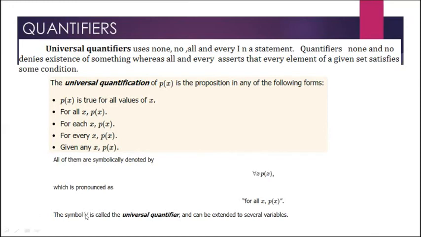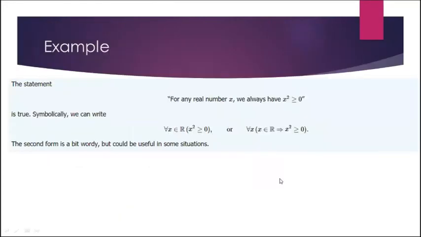The symbol inverted A is called the universal quantifier and can be extended to several variables. So we have your statement: for any real number x, we always have x squared is greater than or equal to 0. It's true.